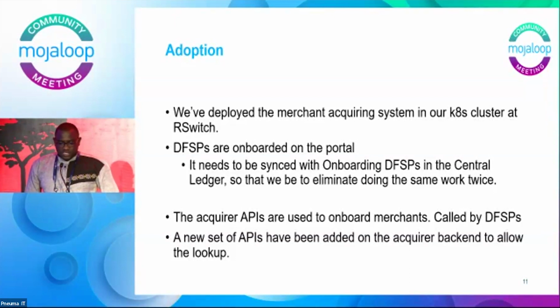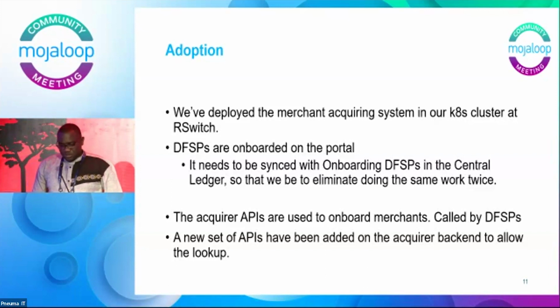Since we are onboarding DFSPs on the merchant portal and, on the other hand, also on the hub operator UI, we wanted to avoid doing the same work twice, so we want to synchronize those. That is still in progress.